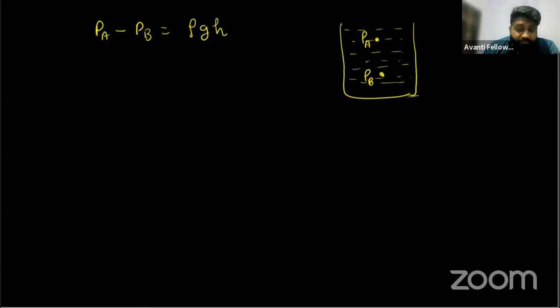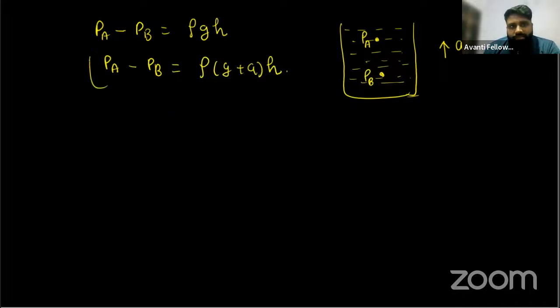But when there is an acceleration in upward direction, the pressure difference you will have is rho (g plus a) into h. This is in case of vertical acceleration.